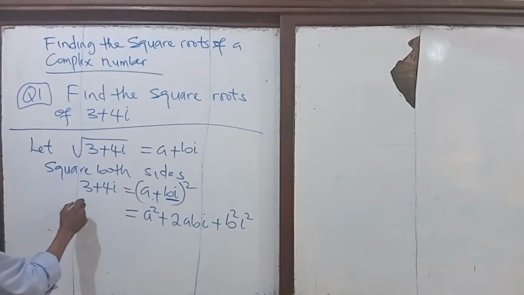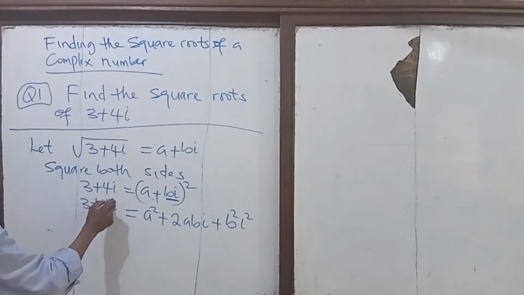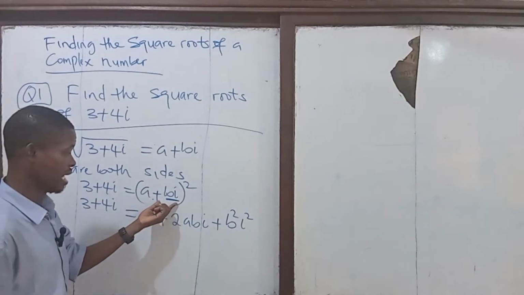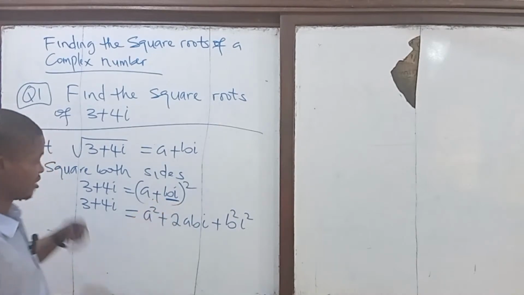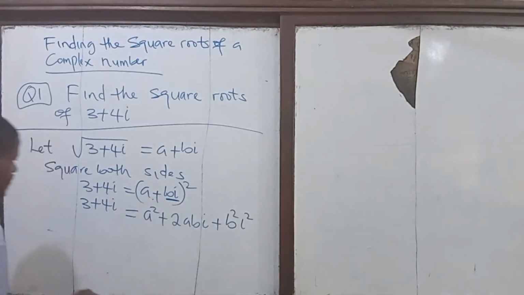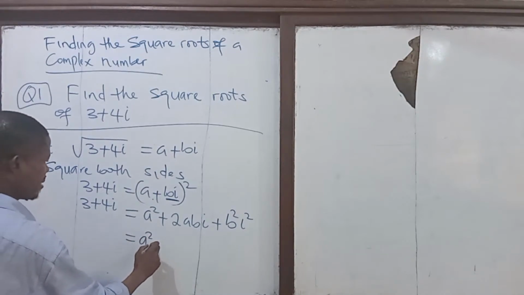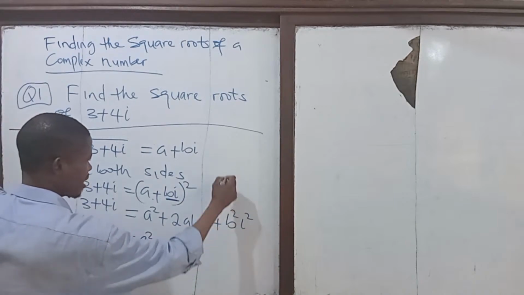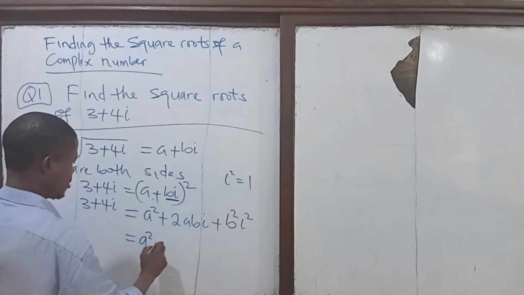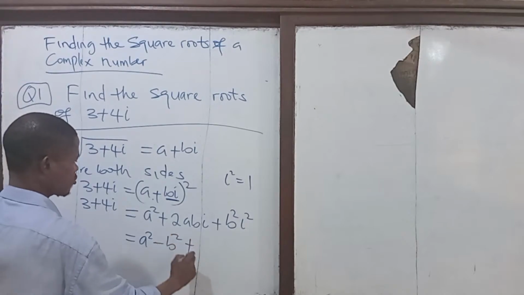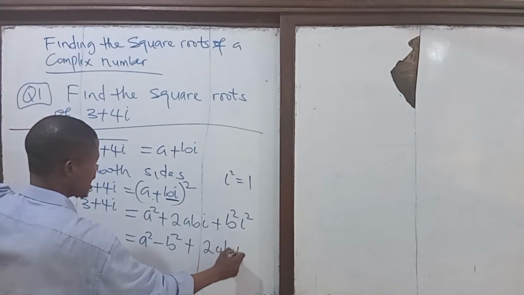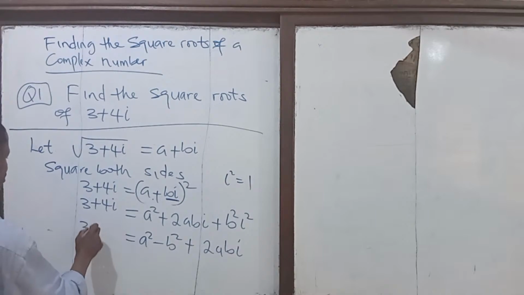You can use normal expansion, you still get the same answer. Since i square is minus 1, that will be a square minus b square plus 2abi, which is 3 plus 4i.